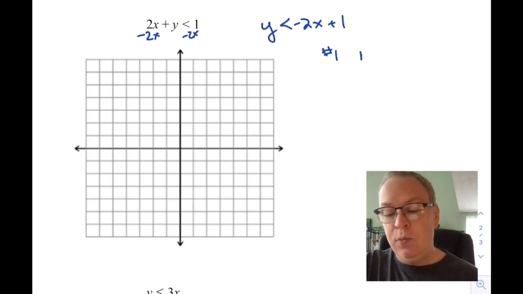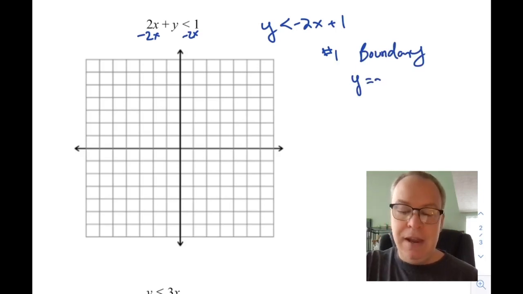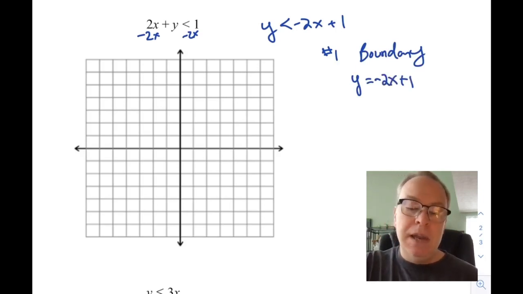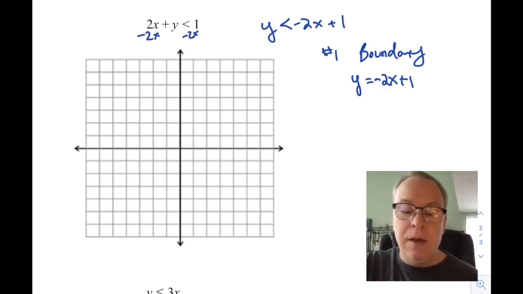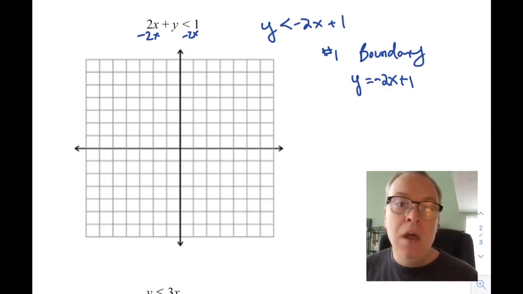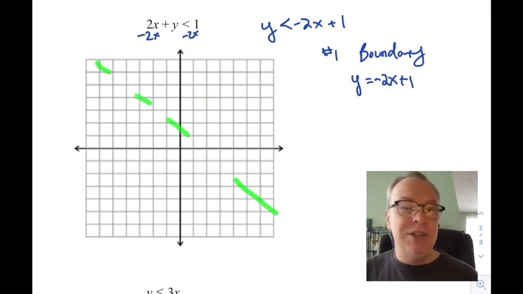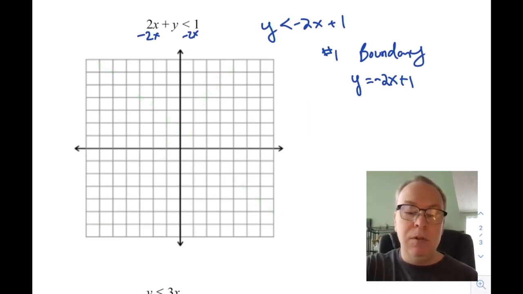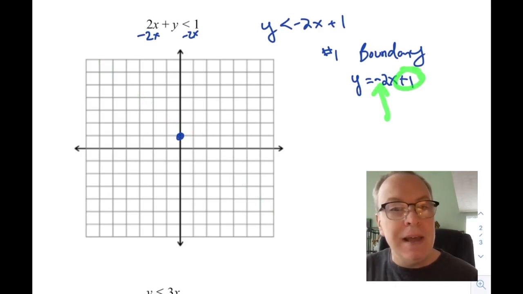Step 1 is we do a boundary line, and it's going to be the line y equals negative 2x plus 1. Now, back in one-variable inequalities, we would do an open circle whenever we see the less than sign. Remember the open circle when we did not have the equal sign? Well, here we're going to be drawing a dotted line, which is similar to that open circle concept. So let's graph the line by going up 1 and putting a dot. That's the y-intercept. And then the slope here is negative 2.